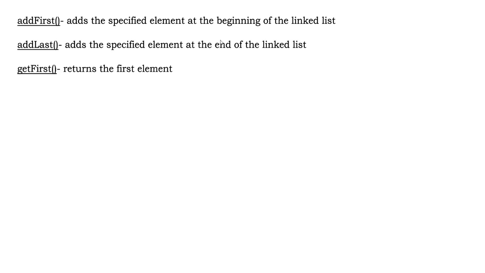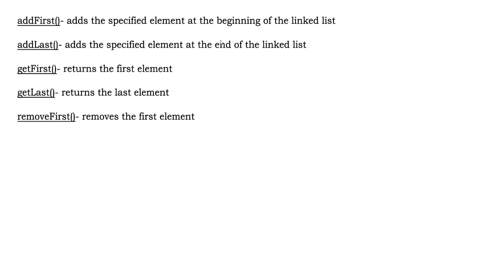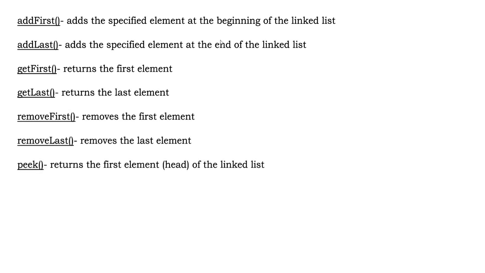Get first. It returns the first element. Get last. It returns the last element. Remove first in a similar way. Remove last and then peek. This is something different. It returns the first element of the linked list. First, in the sense, we'll say the head node. Okay, head.